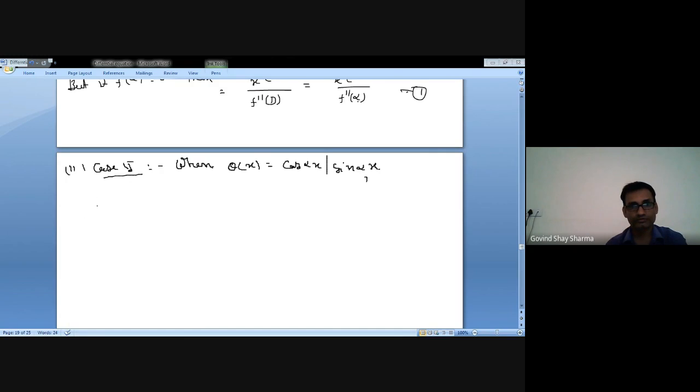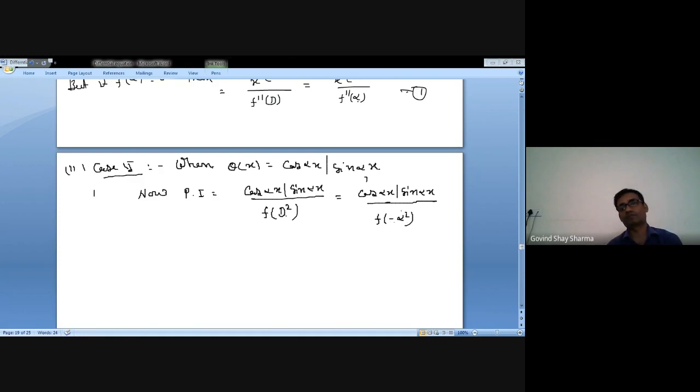Now PI is equal to 1 upon f(D) cos alpha x. We make the function of D squared and replace D squared by minus alpha square. Here f of minus alpha square must not be zero.